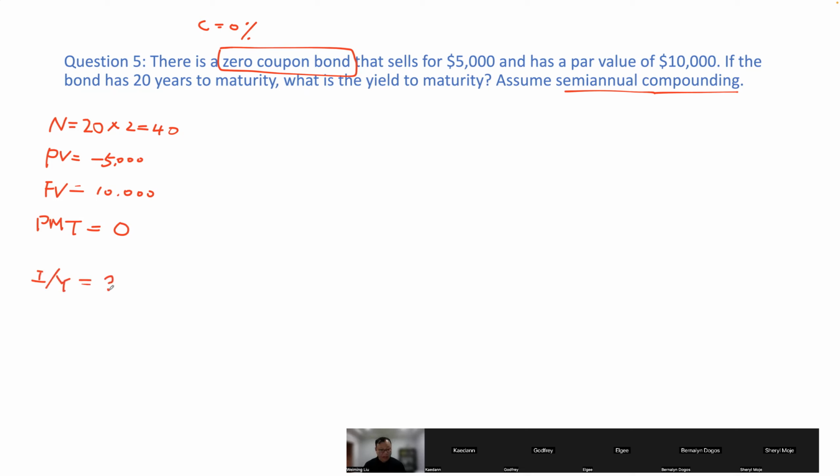So I'm trying to figure out the yield to maturity. Let's do this together using the financial calculator. Let me assign 40 to N, negative 5,000 to present value, 10,000 to future value, and 0 to payment, and then calculate interest. So what I got is 1.4.